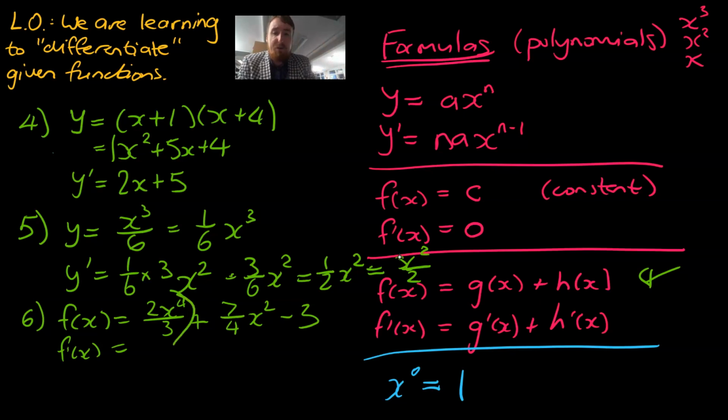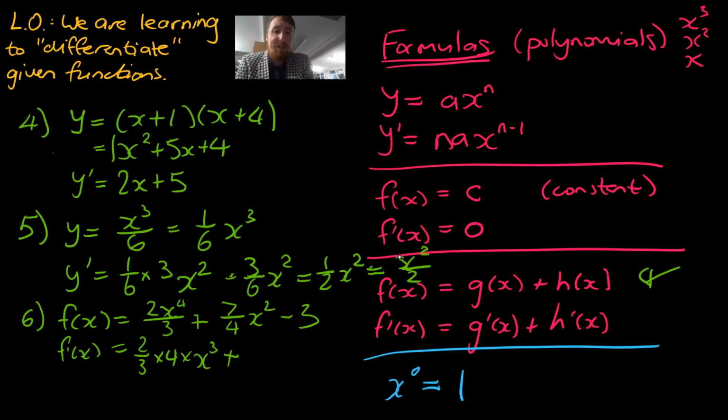So for the first component, our fraction is 2/3. So we're going to go 2/3 times 4. That's the fraction times the power, or a times n. That's going to be multiplied by x to the power of 3, because the power is dropping from 4 to 3.